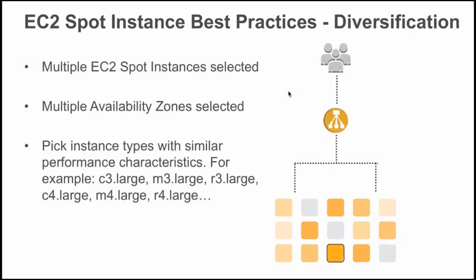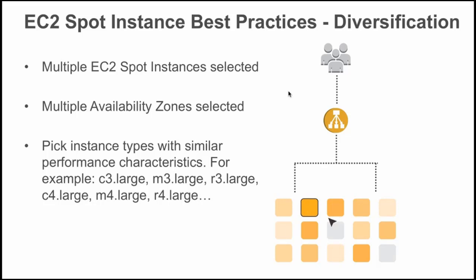So just from a GUI perspective here, if you will, another best practice again is diversification. Typically customers will diversify either horizontally or vertically depending on their workload. So in the case of maybe, let's say, a web application that's sitting behind a load balancer, you want to maybe diversify horizontally, where you say, let's pick instance types that have very similar performance characteristics and stick them all behind a load balancer.